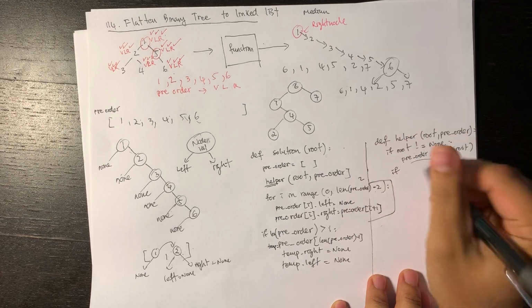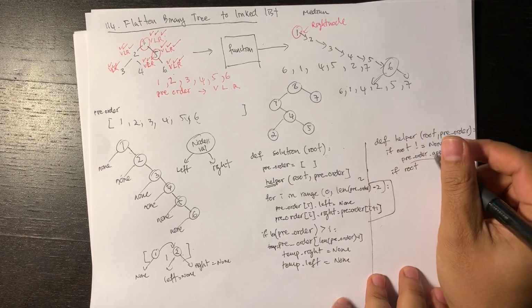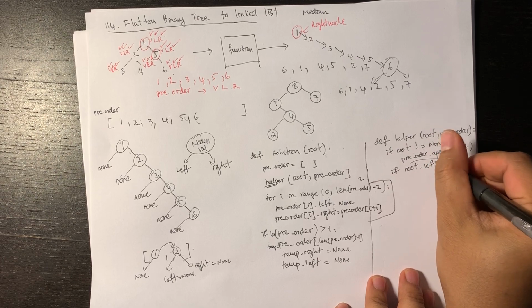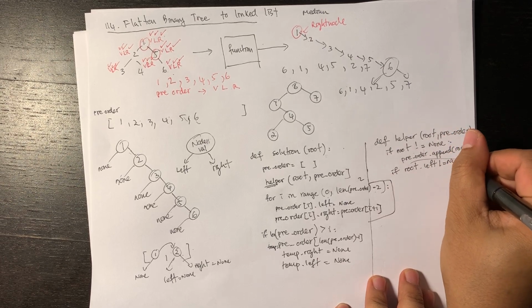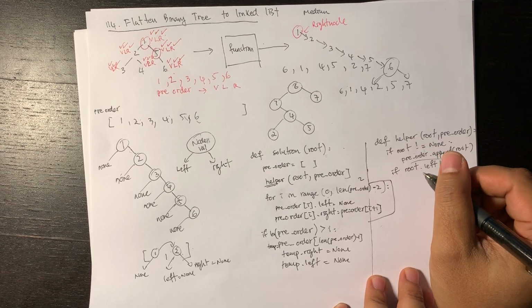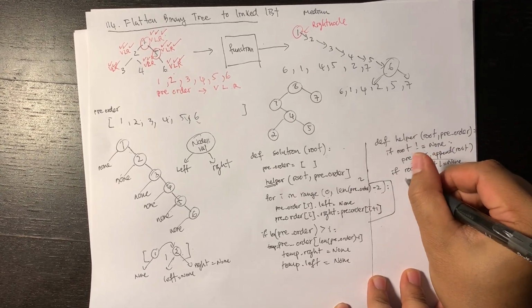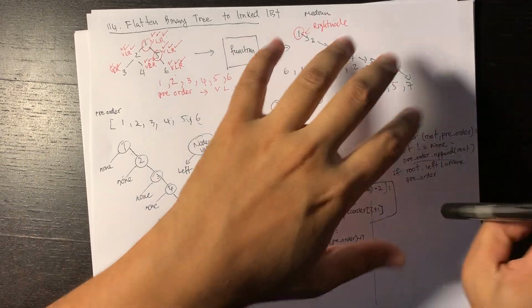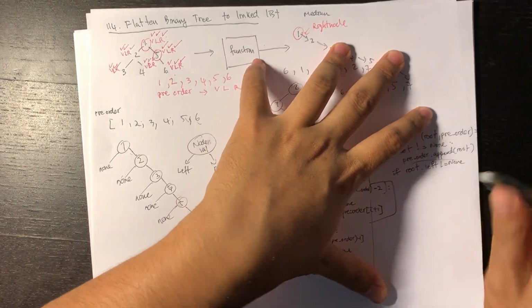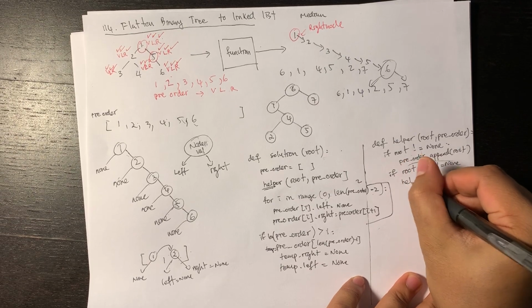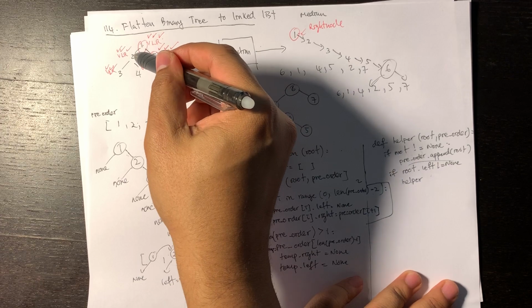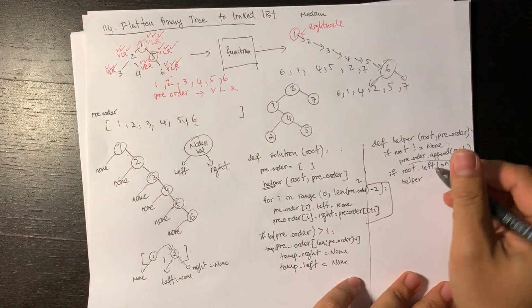and if root.left is not none, we want to call the helper function. So in the case that the left child is not none, we want to go to the left.